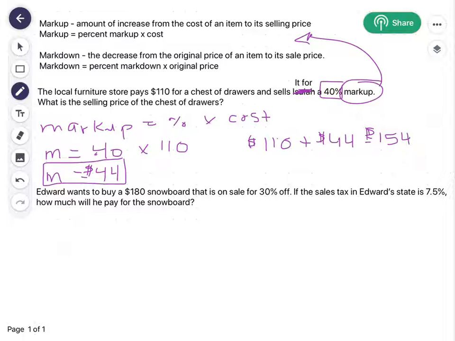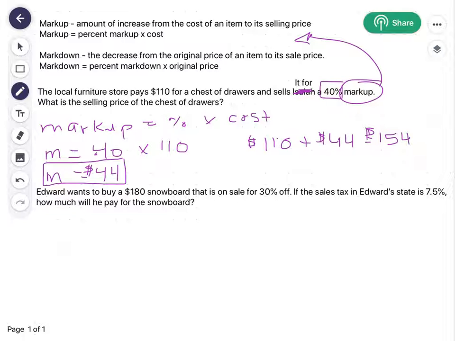If we look at number 2, it says Edward wants to buy a $180 snowboard that is on sale for 30% off. If the sales tax in Edward's state is 7.5%, how much will he pay for the snowboard? Okay, so first we have to find out how much the snowboard costs at 30% off.